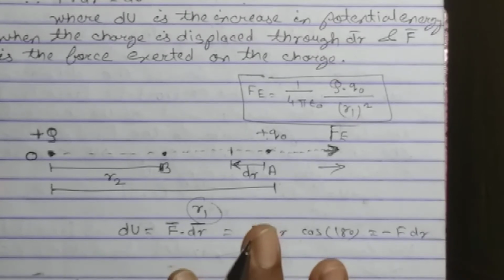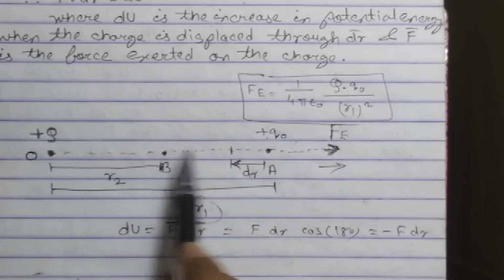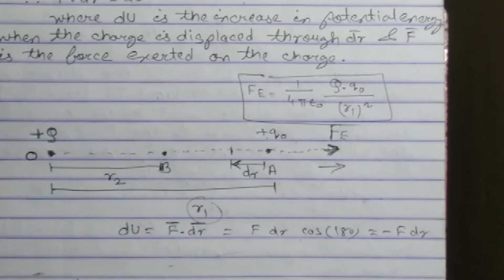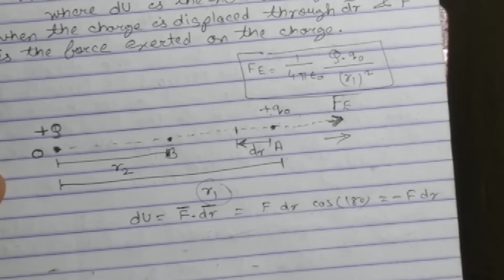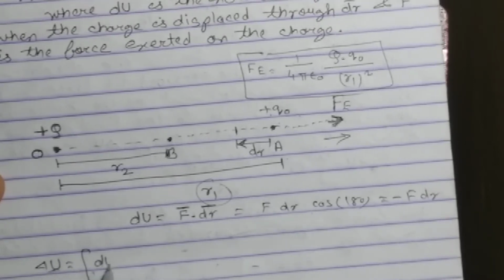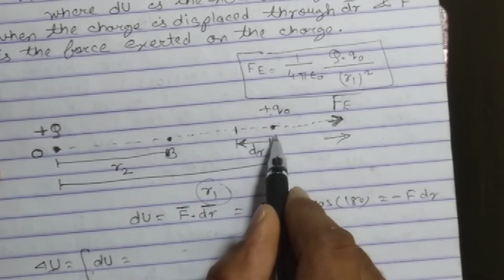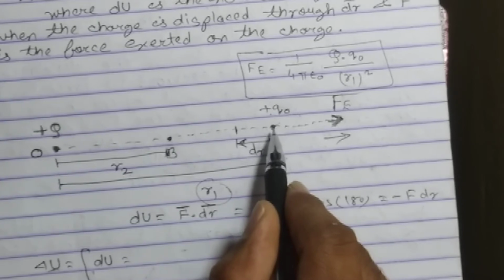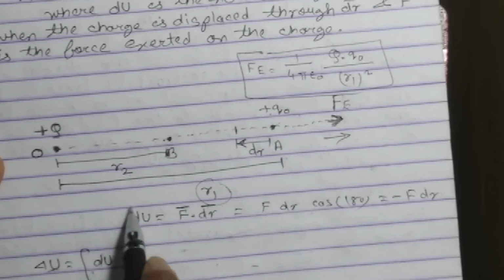Students, we are interested to find the potential energy associated with this particular work done. Okay, what I'm going to do in the next step, since I want to find the total work done, it is given by integration of dU, because this is for small displacement dr, and we have to find the total work done, that is the increasing potential energy, from A to B. So for that I will take the integration of this particular dU.